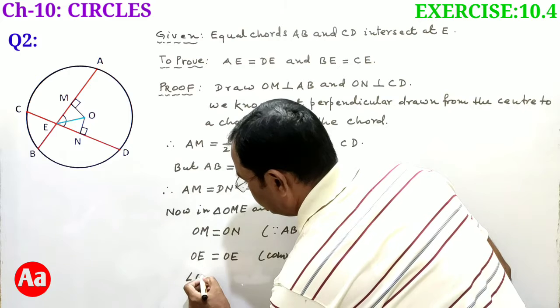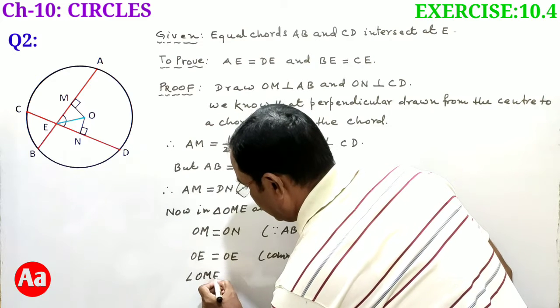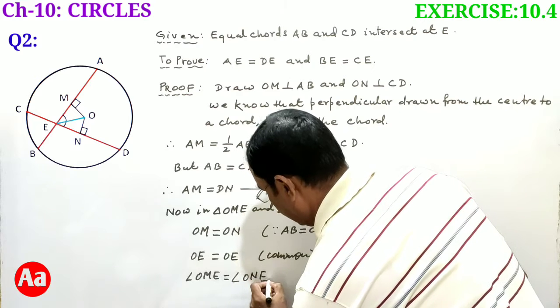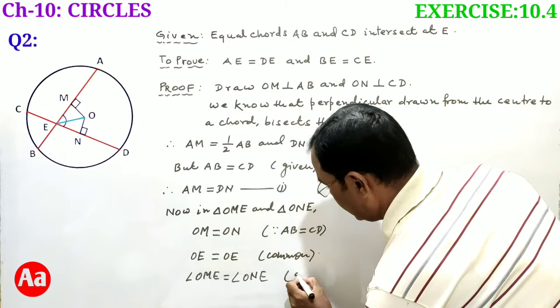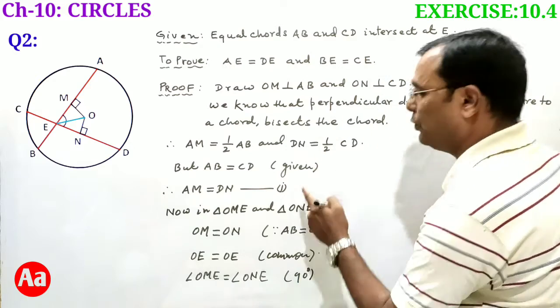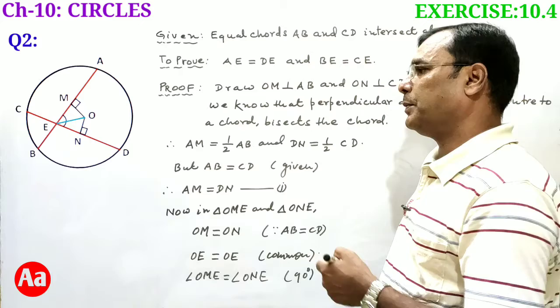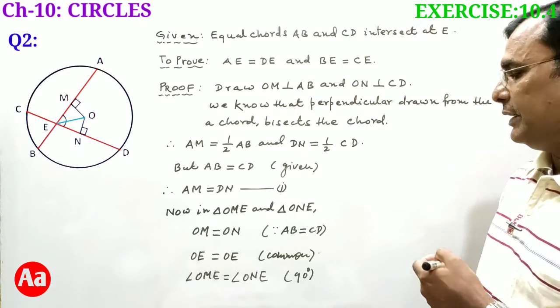Angle OME is equal to angle ONE, 90 degrees each, because OM is perpendicular to AB and ON is perpendicular to CD.